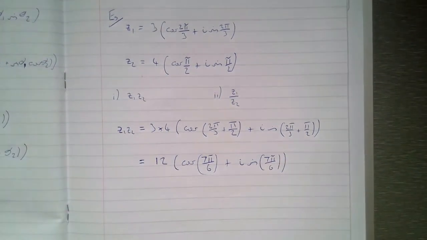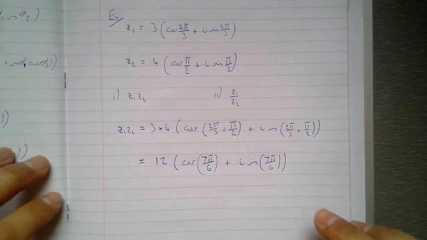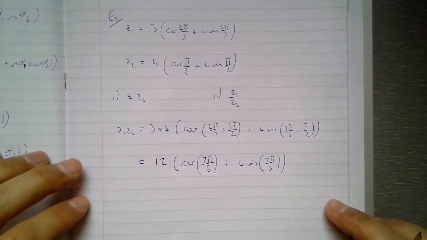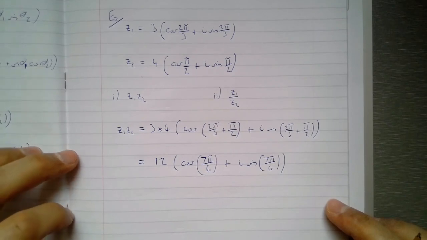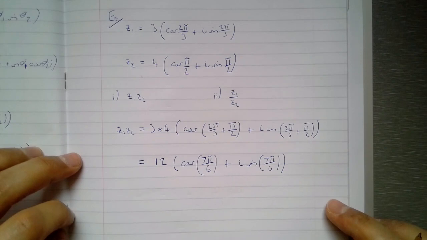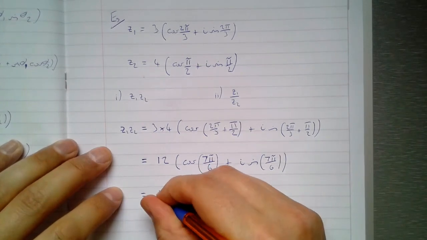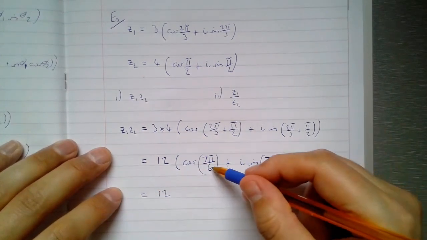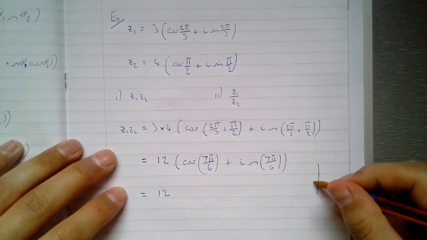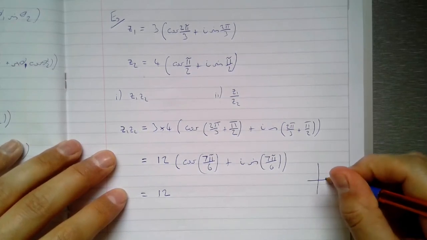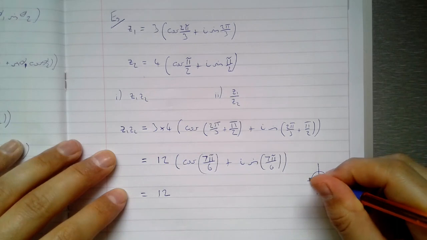I'm guessing you've probably got minus 5 pi over 6, because you said, Mr. Ball, yesterday or the day before, that the argument has to go between minus pi and pi. As far as your course is concerned, yes, we generally do that. So you should convert this now. If I think about how far 7 pi over 6 is round, 1 pi all the way around will get me to there.